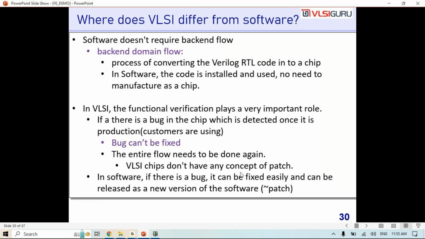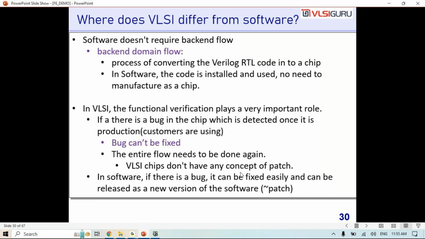There could be times when companies shut down because one chip has a bug. They released a product that has a bug. Let's say I set up a company, and I have an investment of 50 crores. That whole 50 crores I invested in one chip, and that chip has a bug. Then how can I make the next chip? I don't have anything. In software, that problem won't be there.